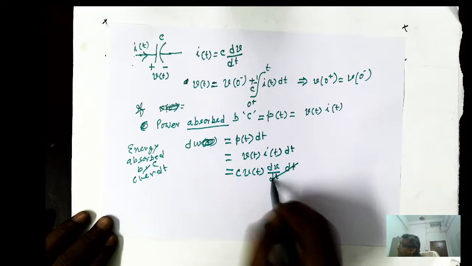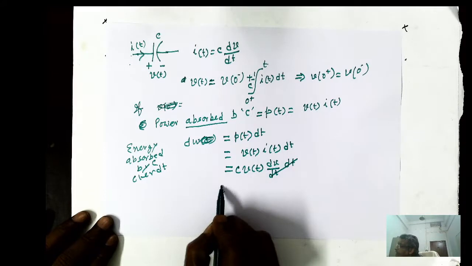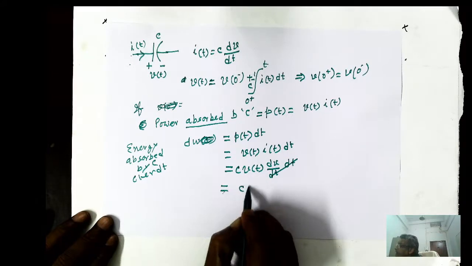Therefore, the energy supplied is simply C v dv.